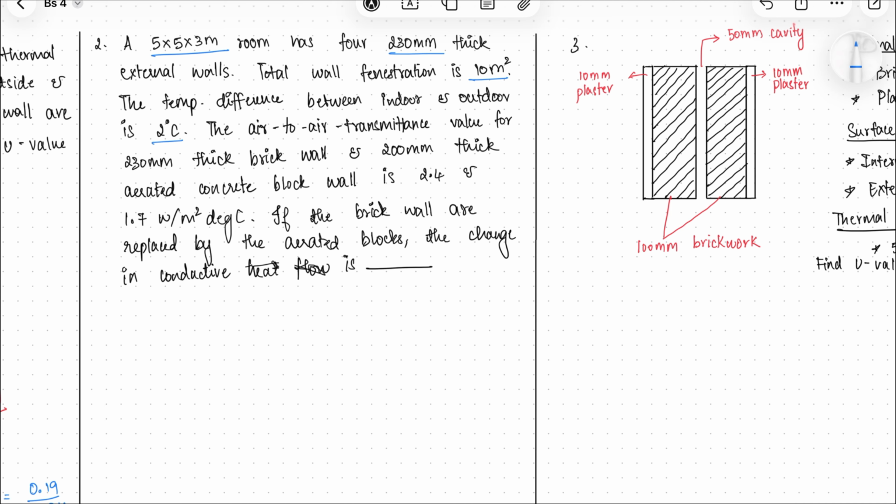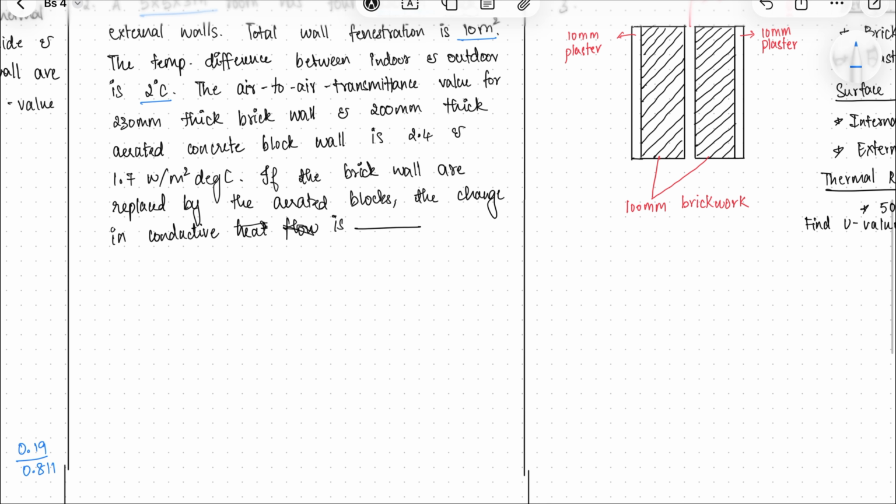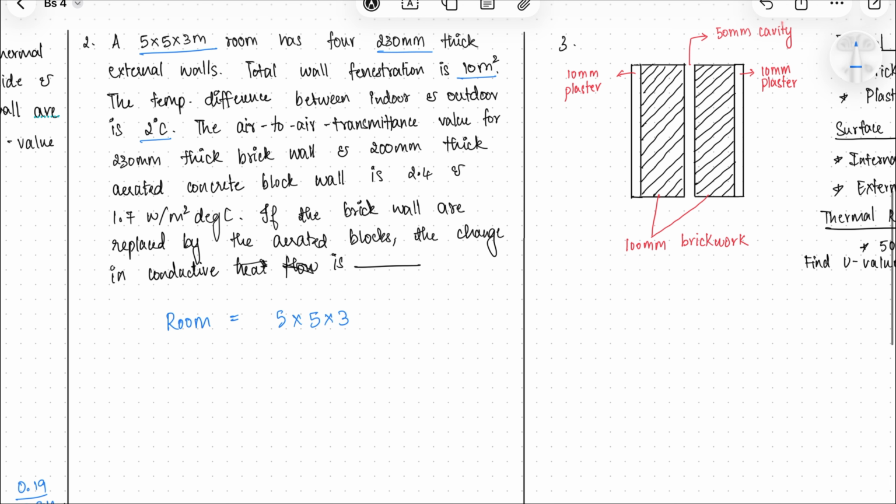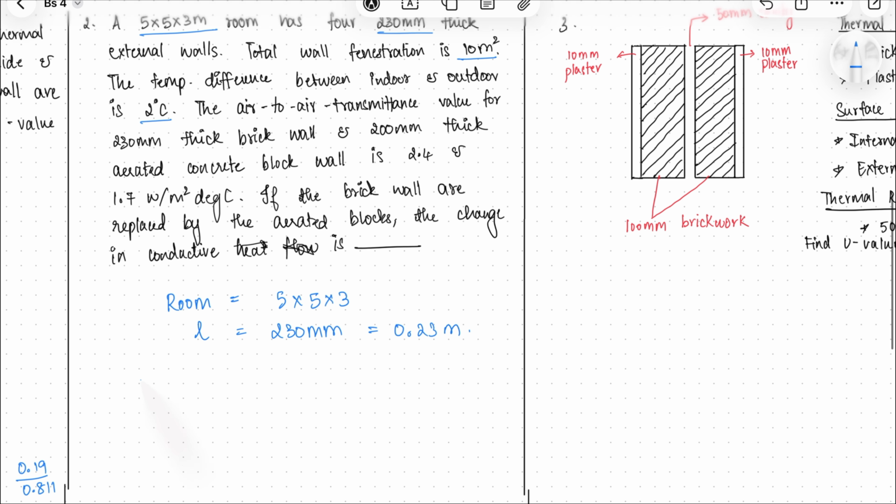Before that, let's jot down the given in the question. So the room is of measurement 5 into 5 into 3. The thickness of the wall is 230 mm, which is 0.23 meter. They have given us the area of the fenestration as 10 square meter.